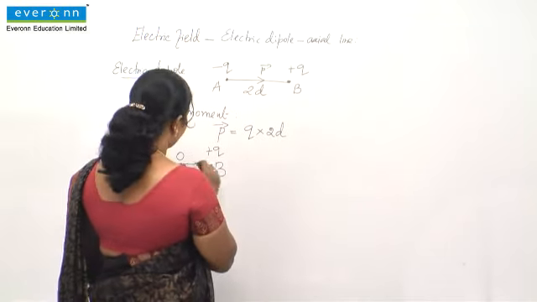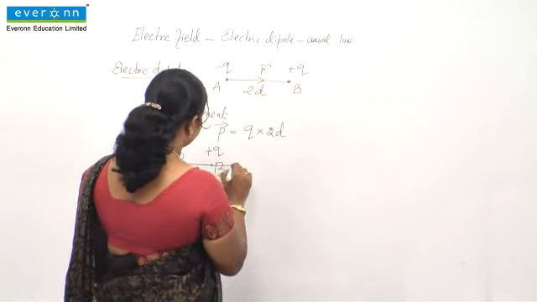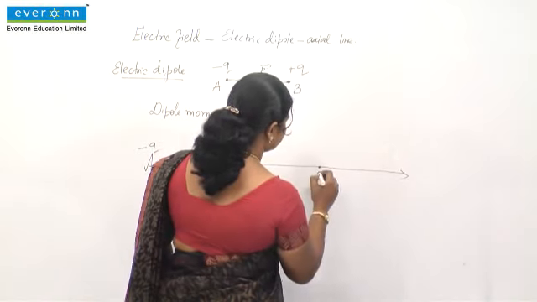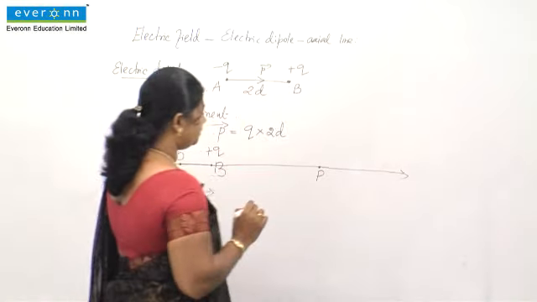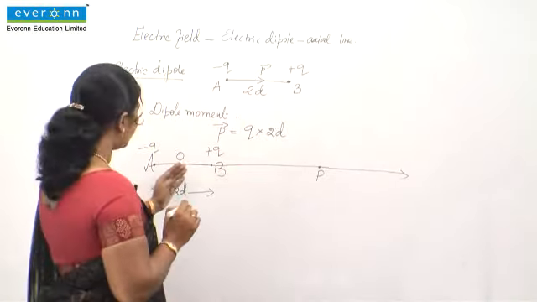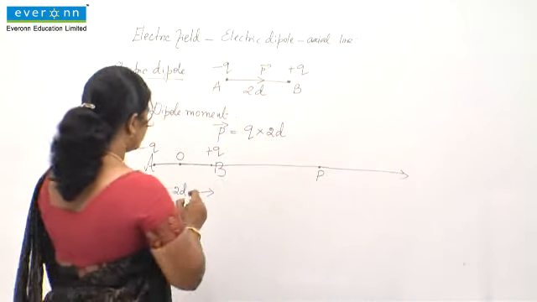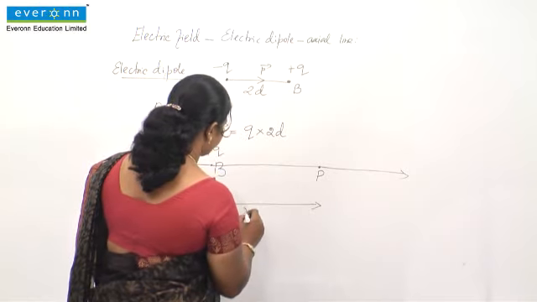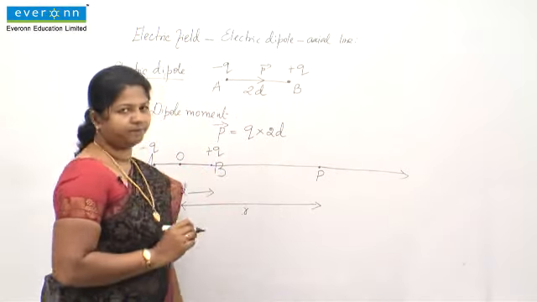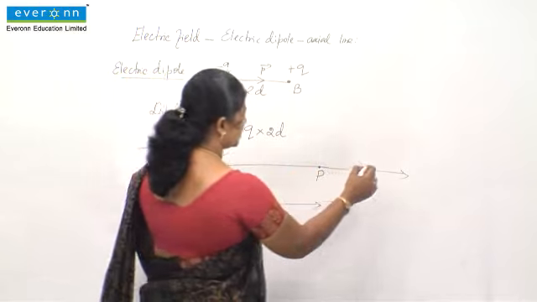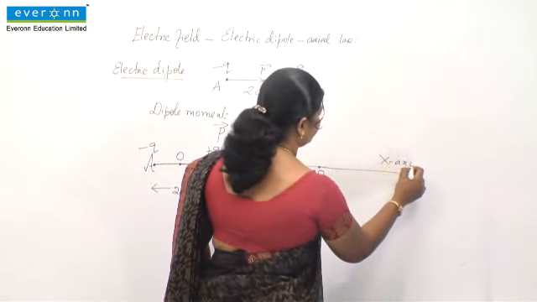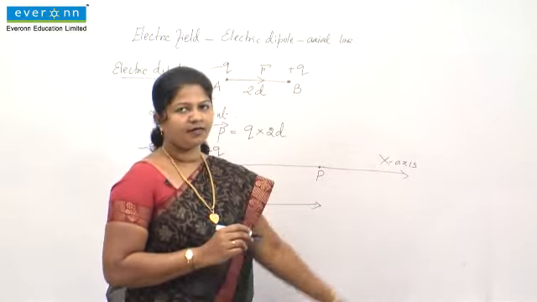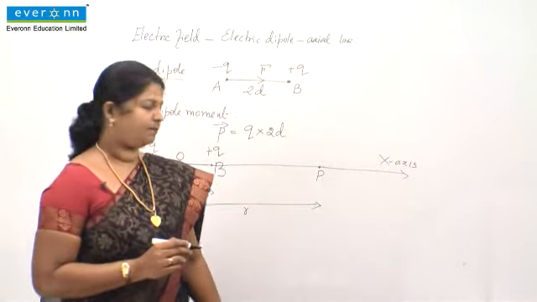Let P be any point at a distance r from the center of the dipole. This distance from the center to the point P is represented as r, and this is the x-axis. We are going to calculate the electric field along this axial line due to this electric dipole.